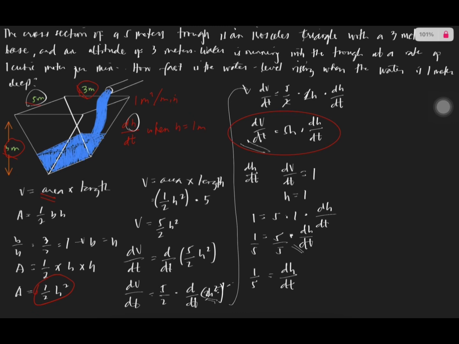The final answer is 1/5 meter per minute, or 0.2 meters per minute, when the water is 1 meter deep. So this is our final answer.